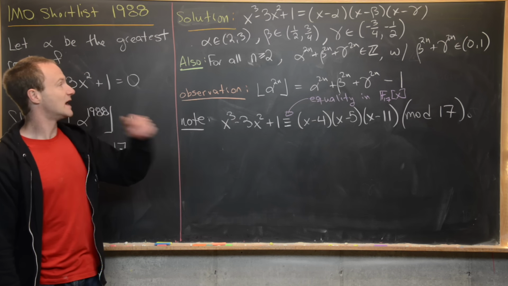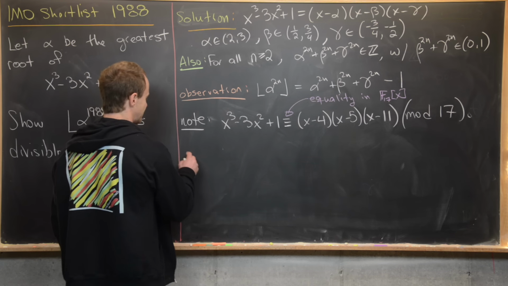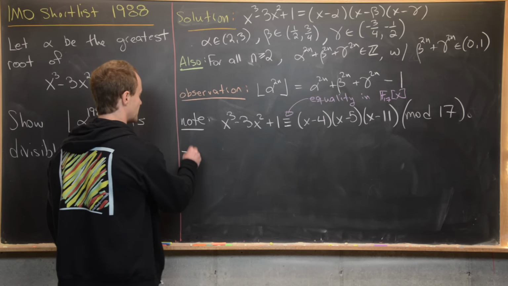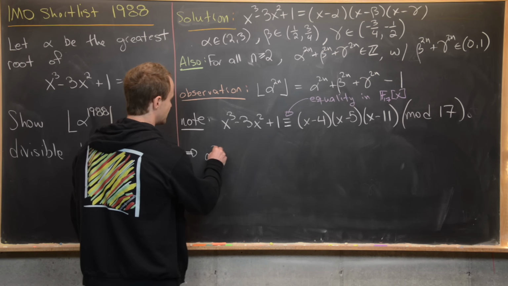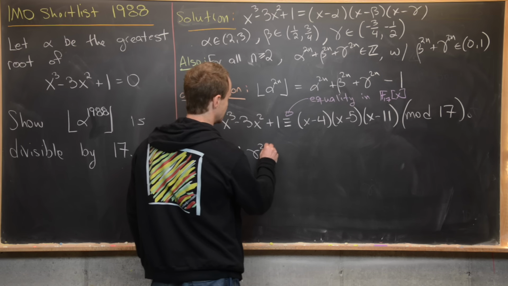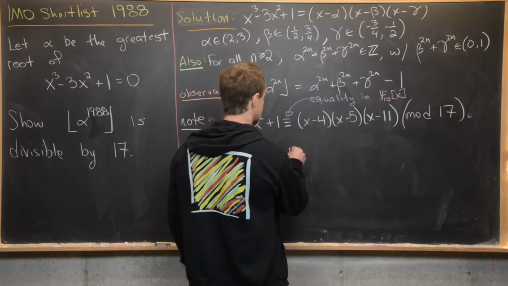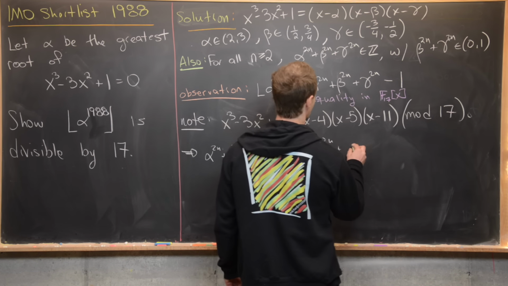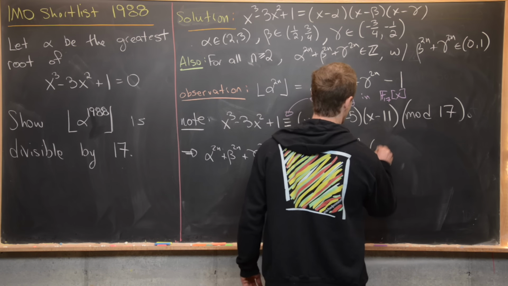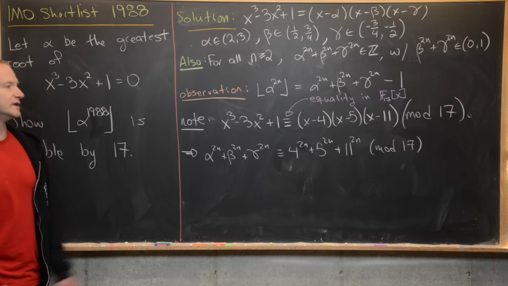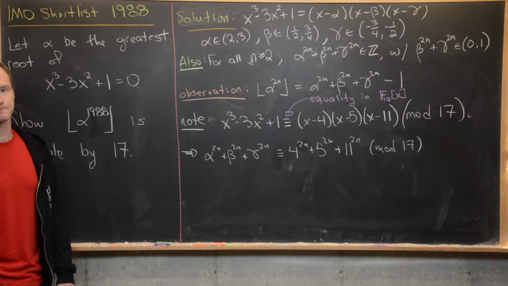Great. But now notice that tells us the following. So combining these two approaches together, we will see that alpha to the 2n plus beta to the 2n plus gamma to the 2n is going to be congruent to 4 to the 2n plus 5 to the 2n plus 11 to the 2n mod 17. Again, that's just doing those two approaches together.